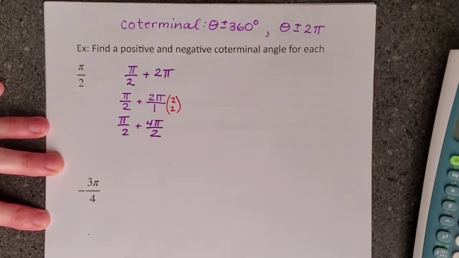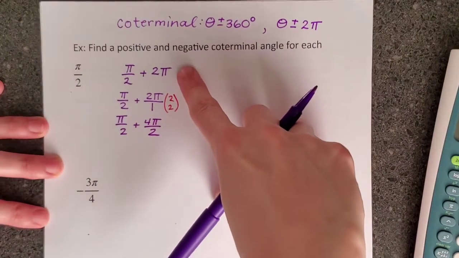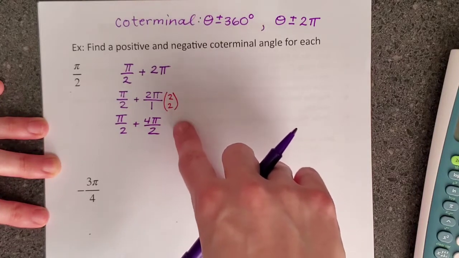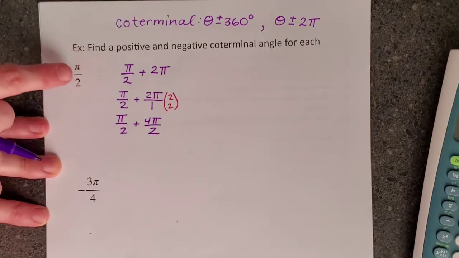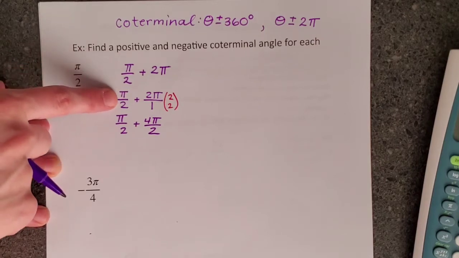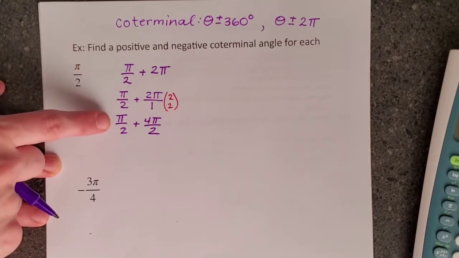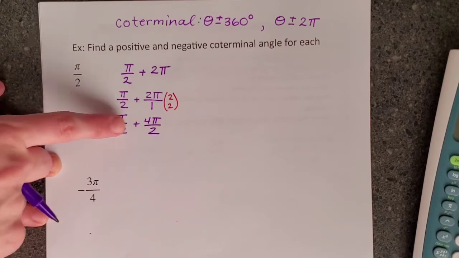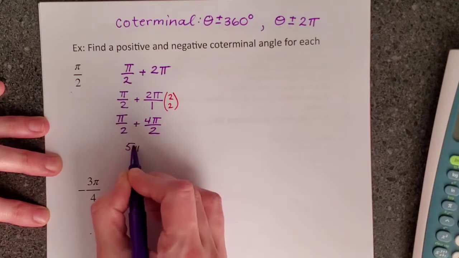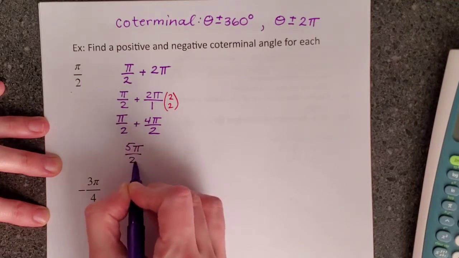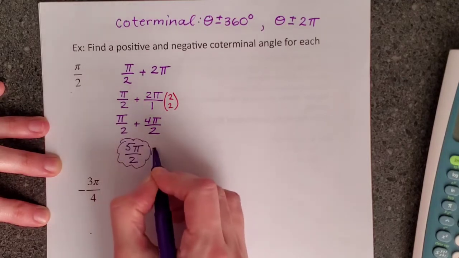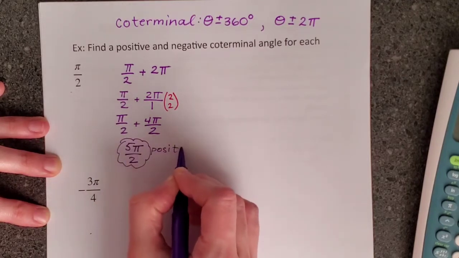So instead of adding 2 pi with common denominators, I'm really adding 4 pi over 2. So I'm adding pi over 2 plus 2 pi, common denominators, and then this is 1 pi over 2 plus 4 pi over 2, 5 pi over 2. So that's my positive coterminal angle.